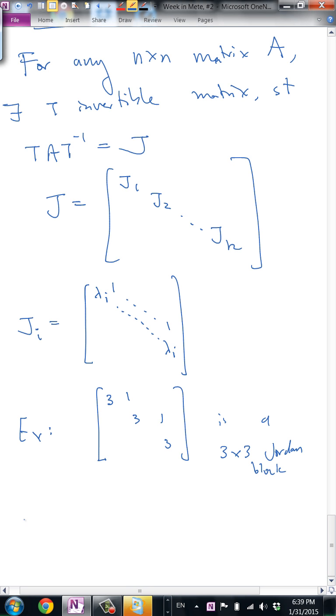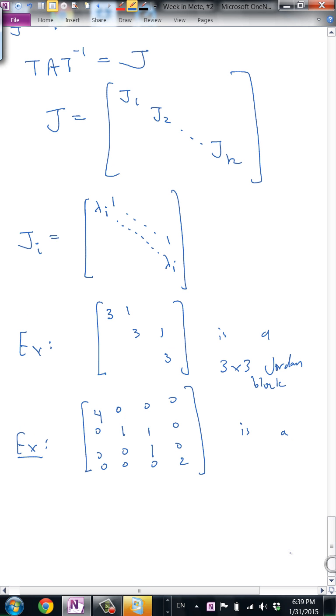And similarly, the matrix with 4, then the block 1, 1, 0, 1, then 2, is a matrix in Jordan canonical form. And how many blocks does it have and what are the sizes?